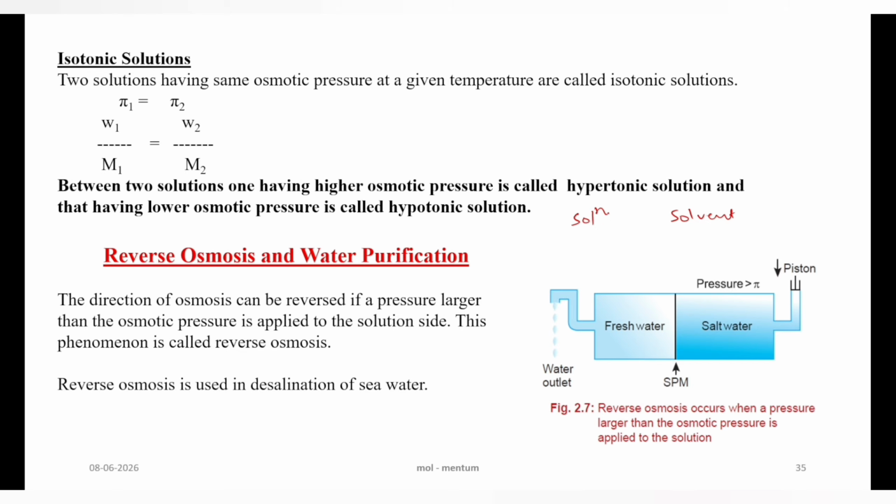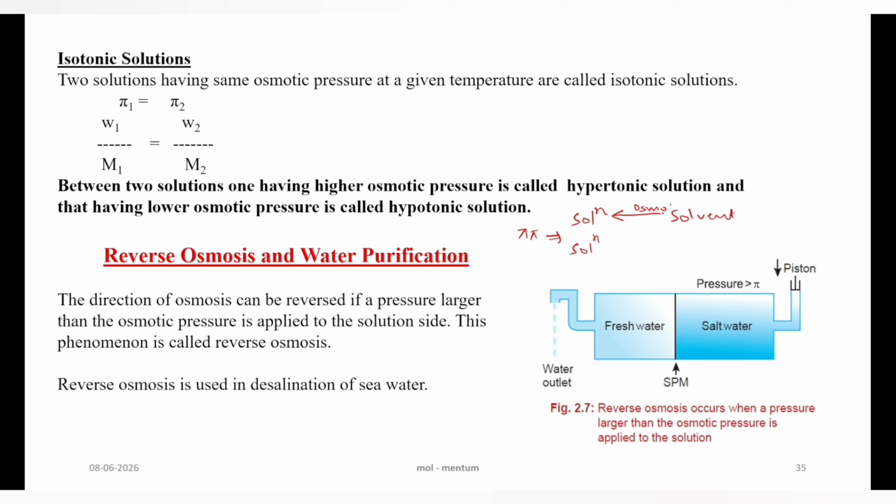Generally this process is osmosis, where solvent comes from the solvent side to the solution side. But if we apply a very huge pressure on the solution side, what will happen?